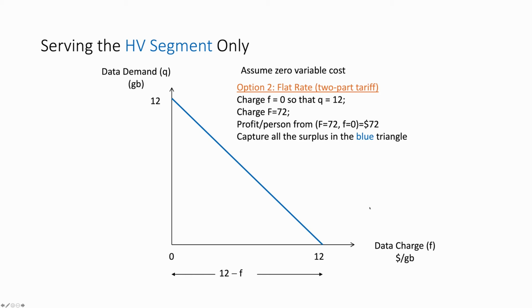And then charge a big F, a flat fee of $72, because the data plan itself in total is worth $72 for the customers. In this case, the profit per person is $72 from the fixed fee. And it again captures all the surplus in the blue triangle. That is equal to the width of the triangle times the height of the triangle divided by 2.